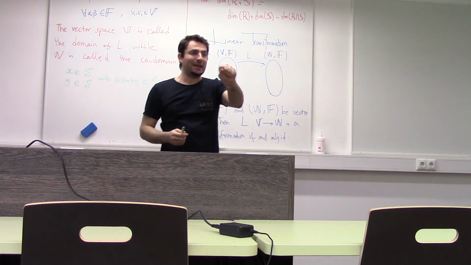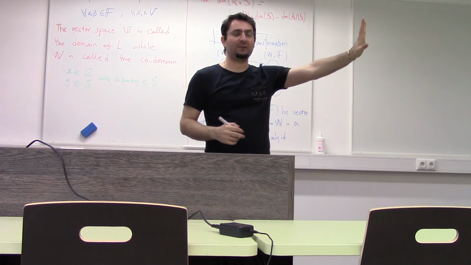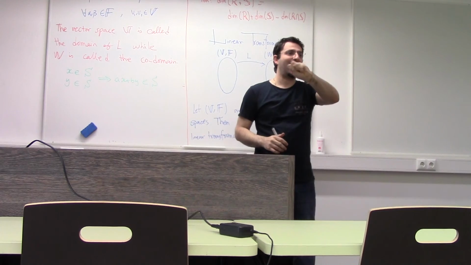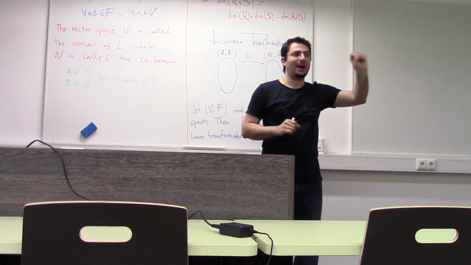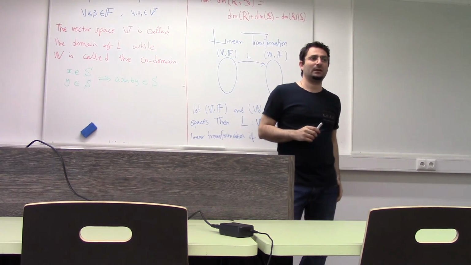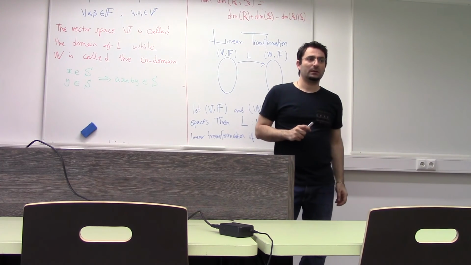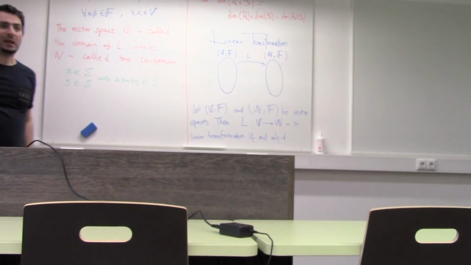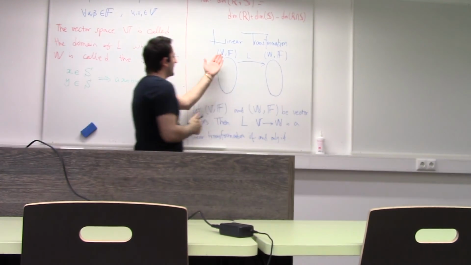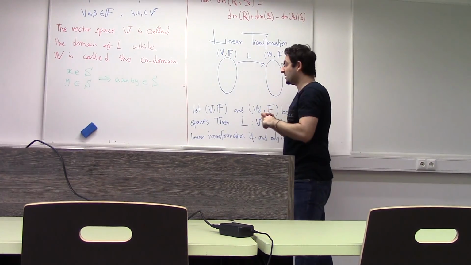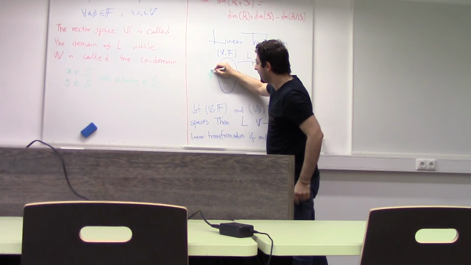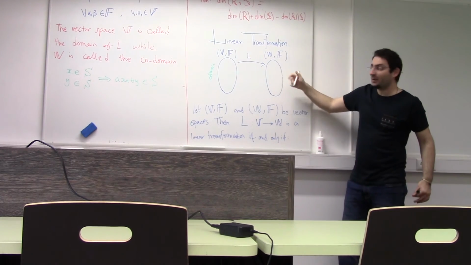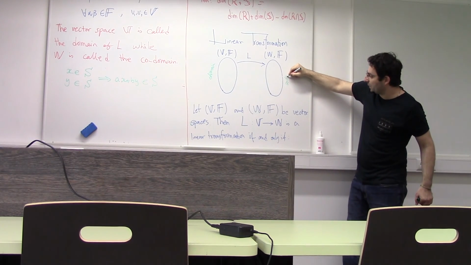If we scale our vector and then give it to the mapper, we get the same result as giving it to the mapper and scaling the output. So we can show both in one line like this. We start from V, which we call the domain, and we map it into the new elements in W, which we call the codomain.